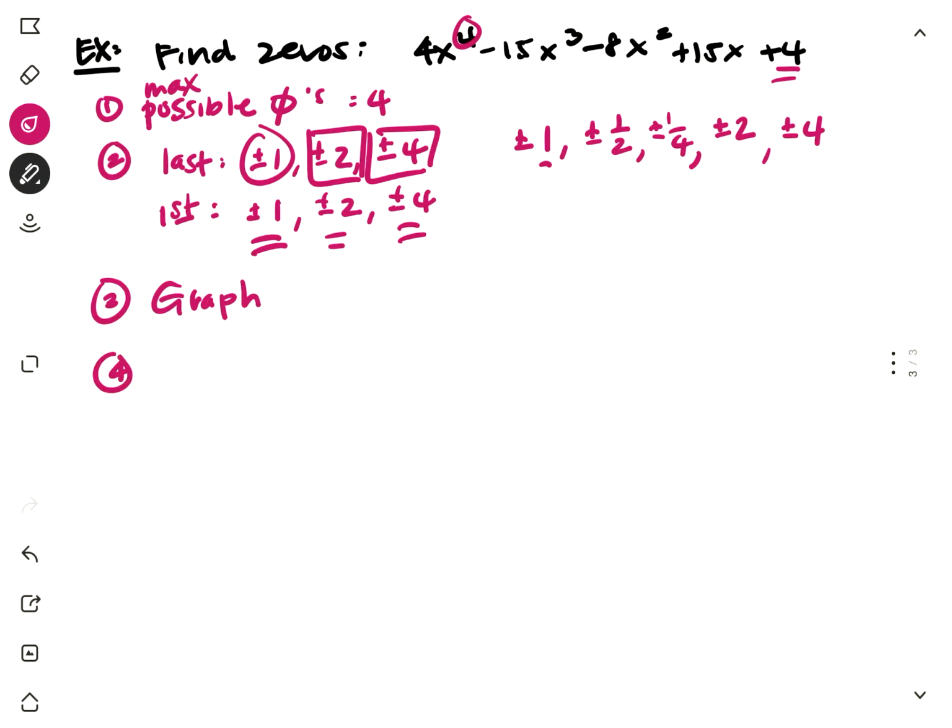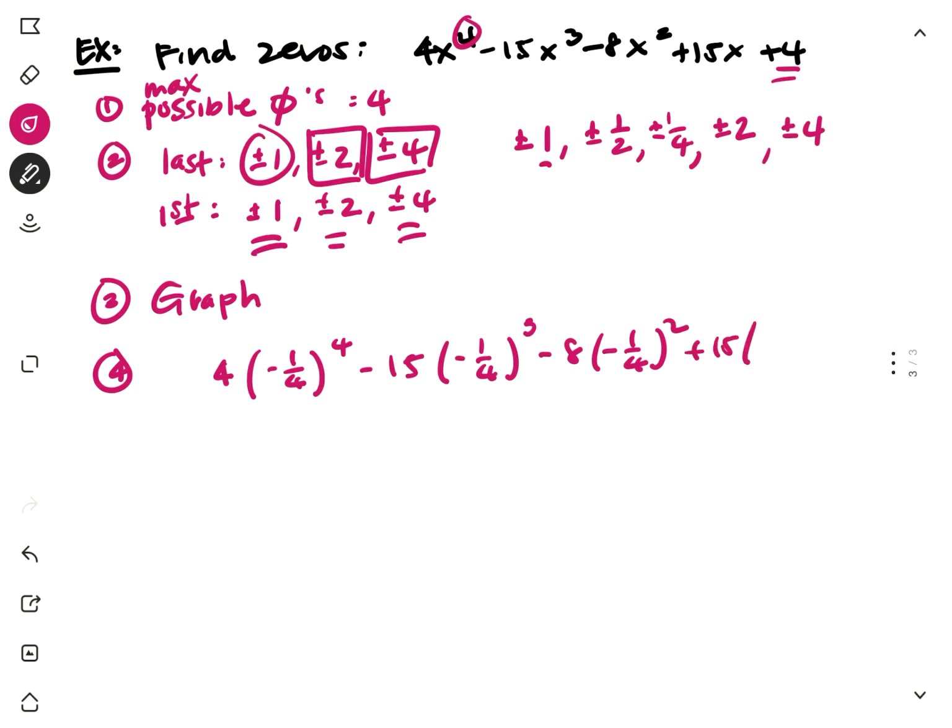All right, so let's do 4 times -1/4 to the 4th, minus 15 times -1/4 cubed, minus 8 times -1/4 squared, plus 15 times -1/4, and plus 4. Okay, so -1/4 to the 4th, yuck.